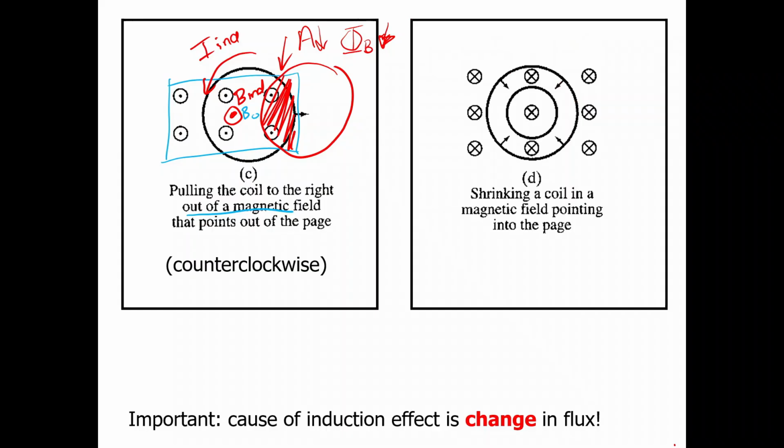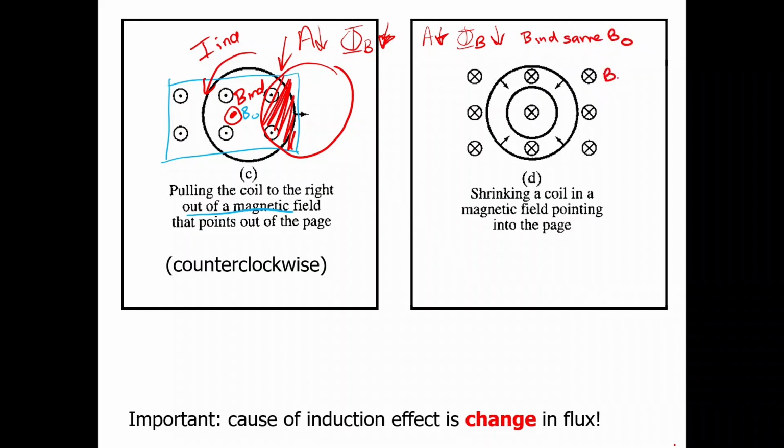Okay, so I'm assuming that you've tried this one. In this case, we have a coil that is getting smaller. So our A is decreasing again. Because our area is decreasing, our magnetic flux must also be decreasing, which means we need our B induced to be in the same direction as B0.